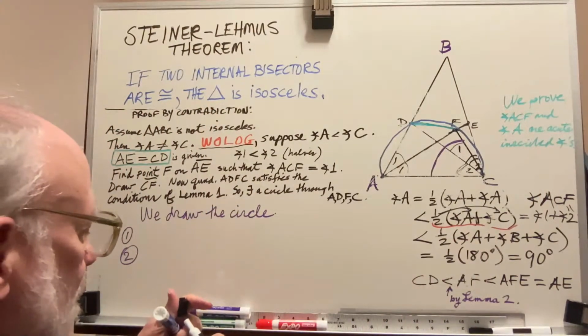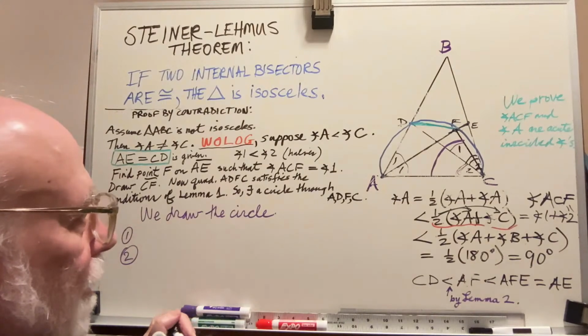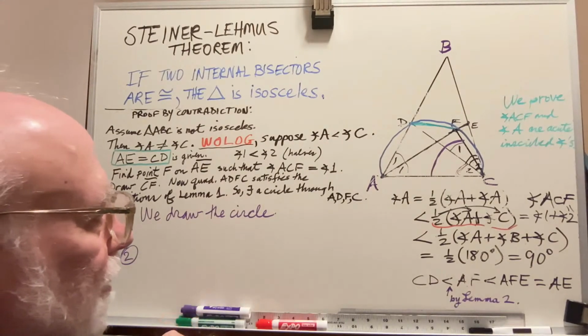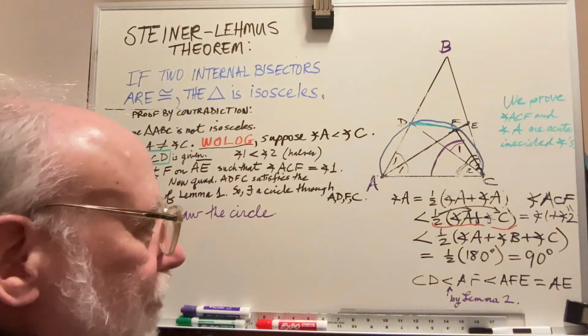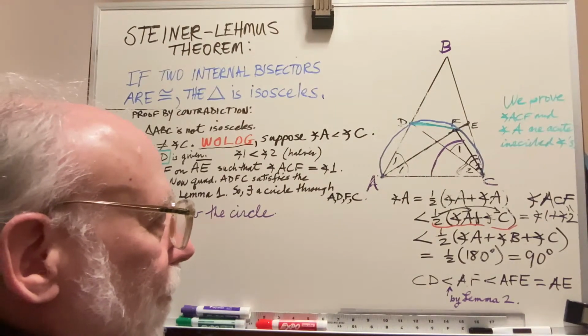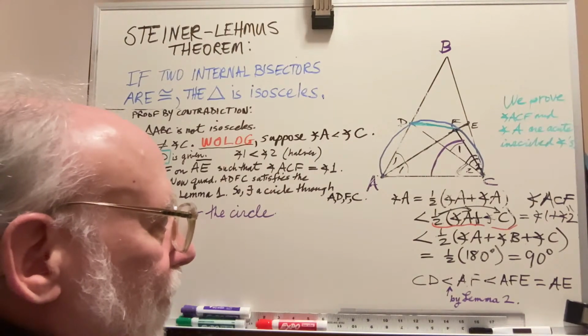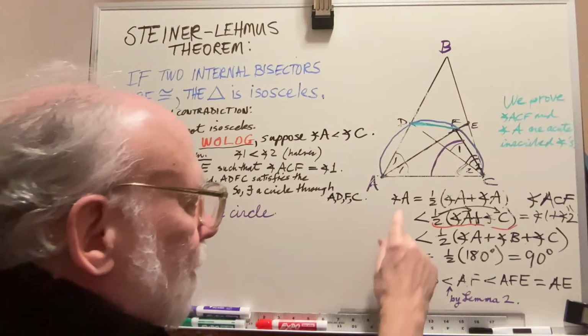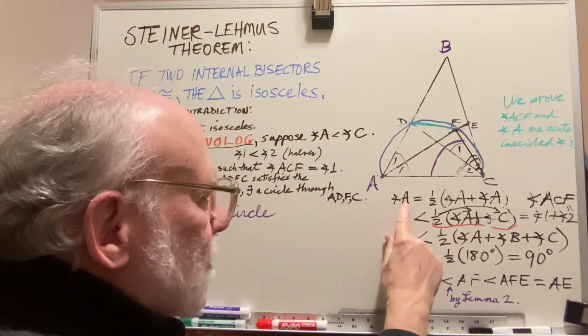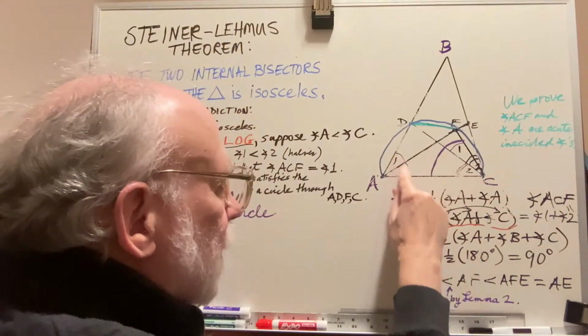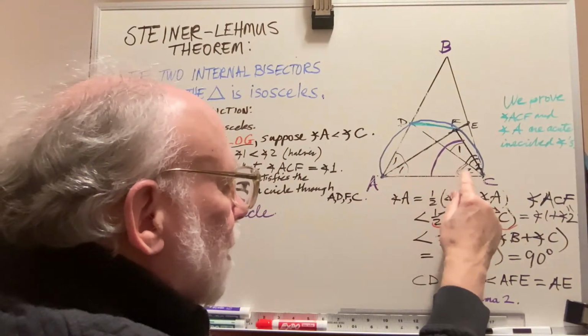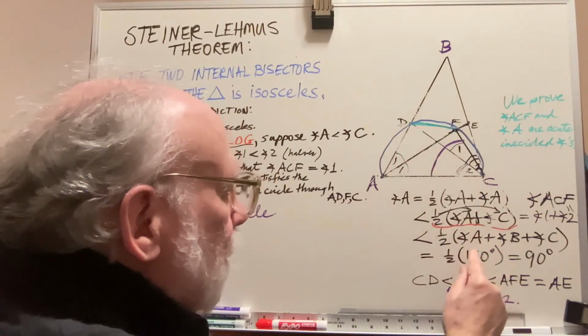That means that angle A is going to be less than ACF, because angle A is 1 plus 1 and angle ACF is 1 plus 2.